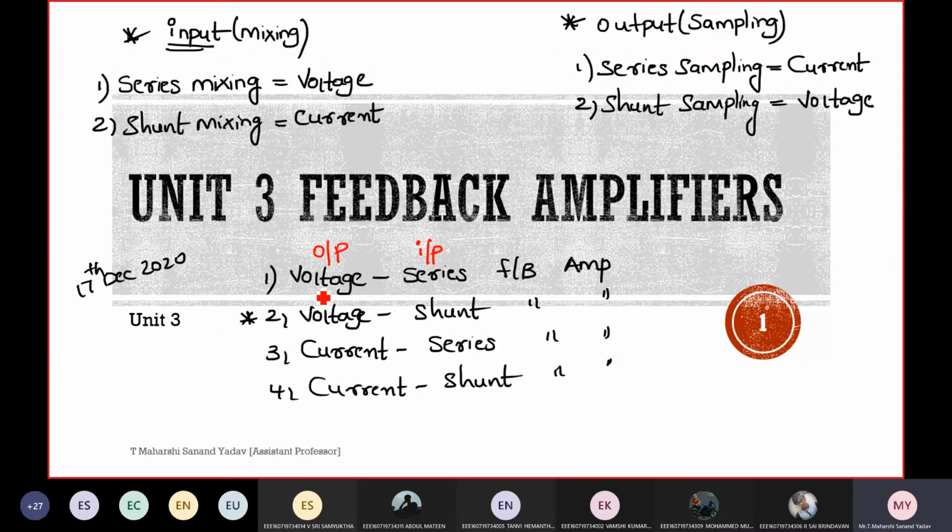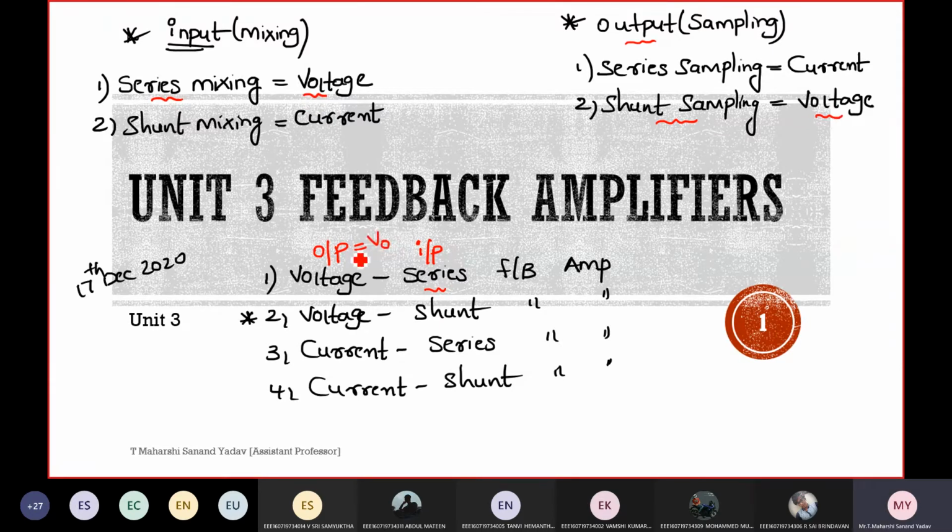In the output side, if it is voltage, what kind of sampling is this? Shunt sampling. Next, in the input side, it is series, voltage. So in the output side, I am getting shunt sampling, which is nothing but voltage.